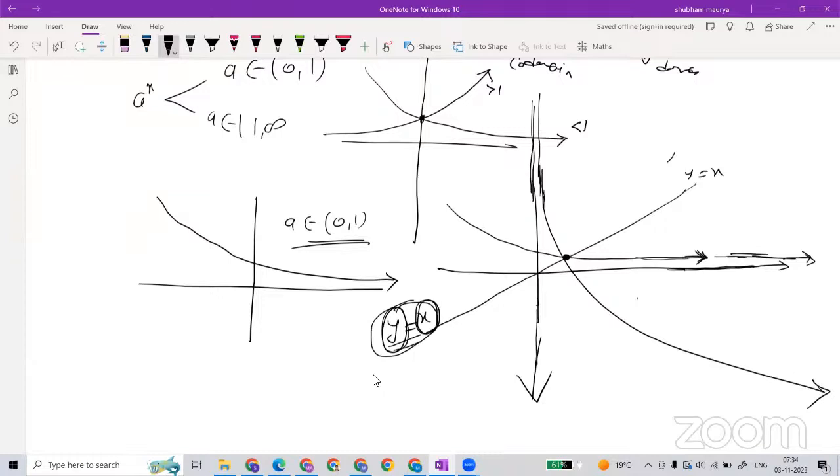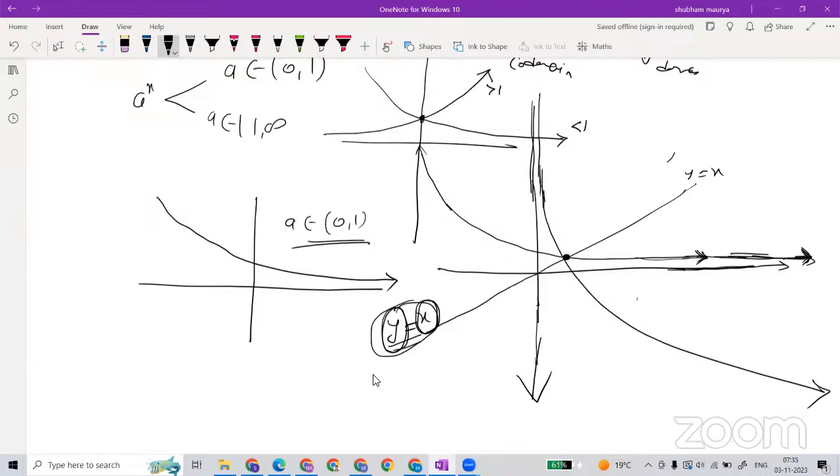Here, if the value is negative, the function is increasing most rapidly, and if the value is positive, it goes very fast to 0. In the same way, we can think about the symmetry.